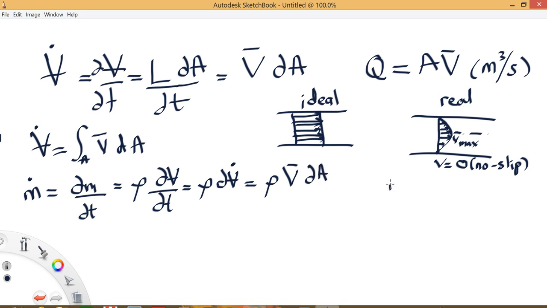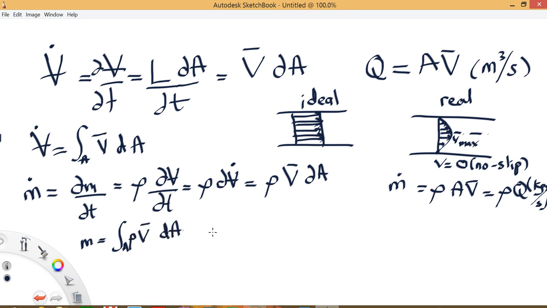In a much simpler form, m dot is rho A V or rho Q. It's in kilogram per second. But for real fluid, you must integrate it with respect to the area, rho v dA.